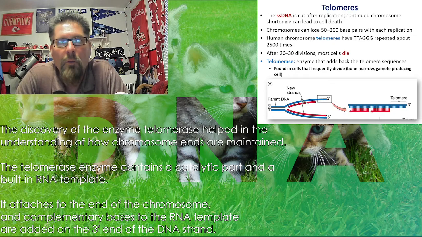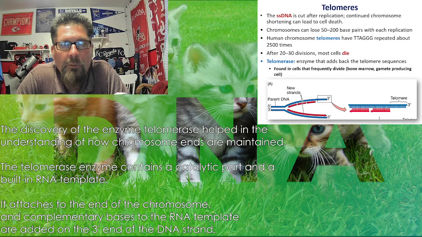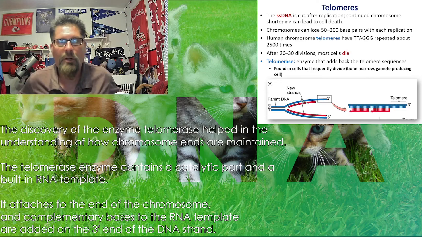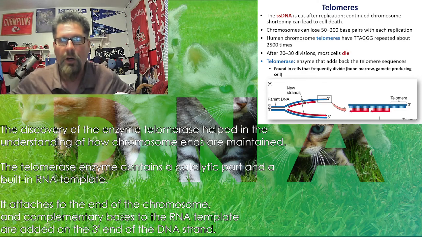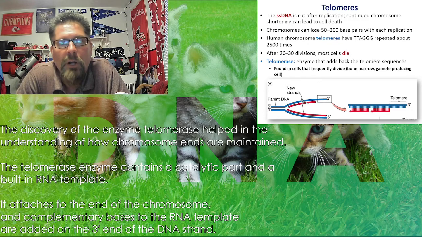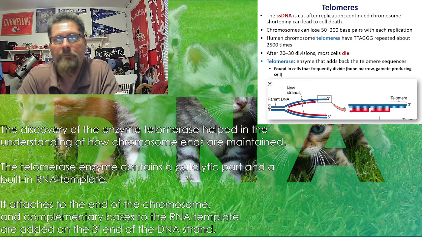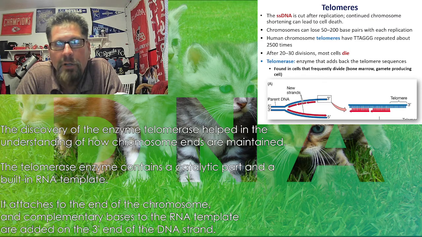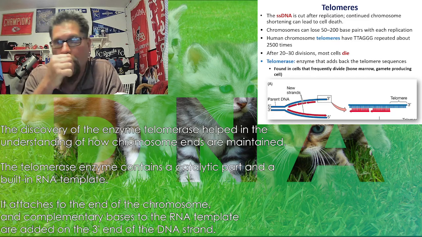Now, in everything we've looked at so far, the colors red and blue have been used. Blue for the original parent, red for the new strand. And so when that new single-sided DNA is made, as I mentioned in the previous slide, when we get to that 3' end, the polymerase doesn't replicate that section.